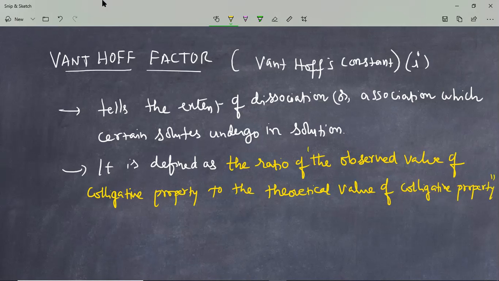So this is the definition. For example, to write this in a simple equation, the Van 't Hoff factor i can be written as the observed osmotic pressure by the normal osmotic pressure. Normal means calculated or theoretical, so I will write theoretical.